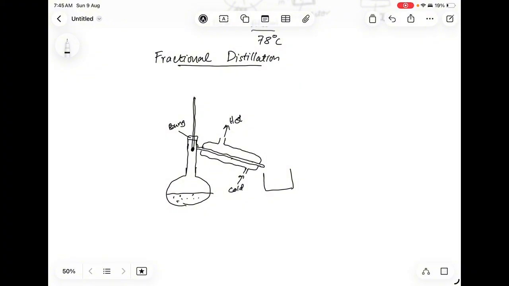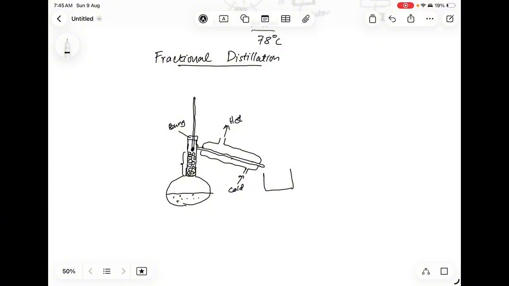So what happens is, in this fractional distillation we have a fractionating column, and by the way, this extended length is the fractionating column. The fractionating column has small glass beads.